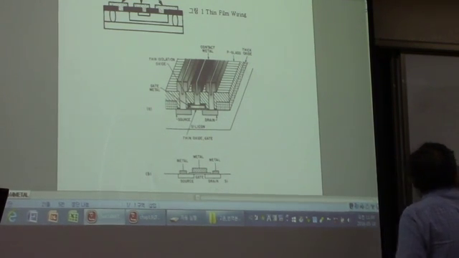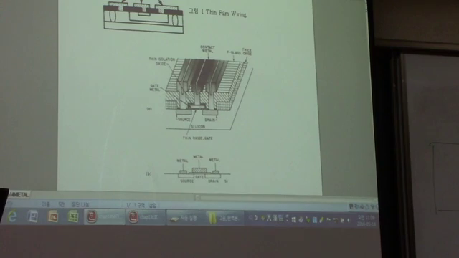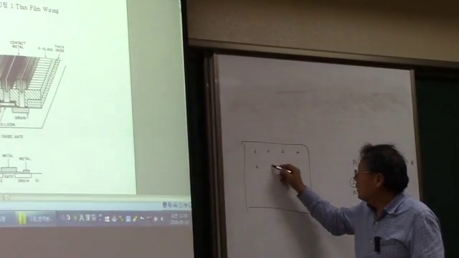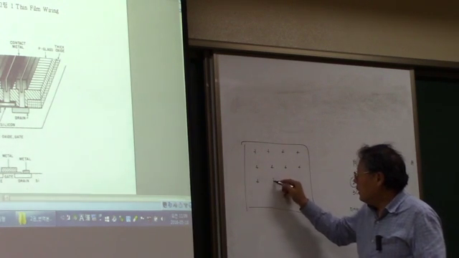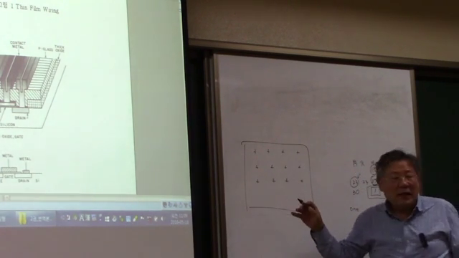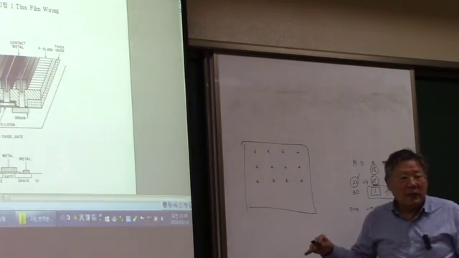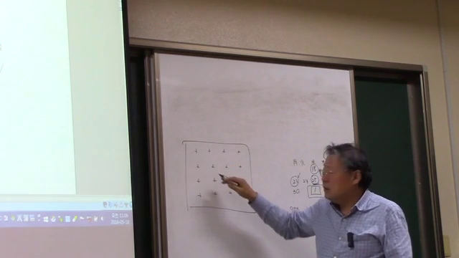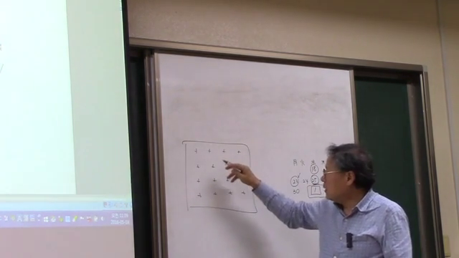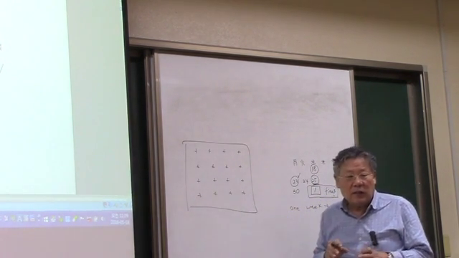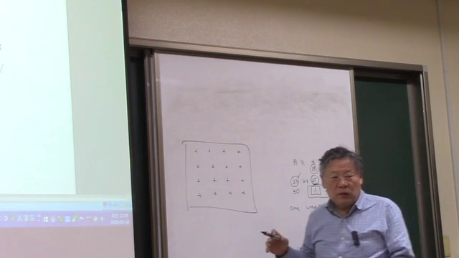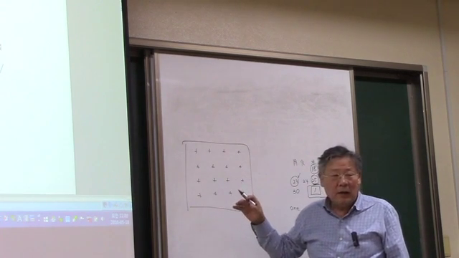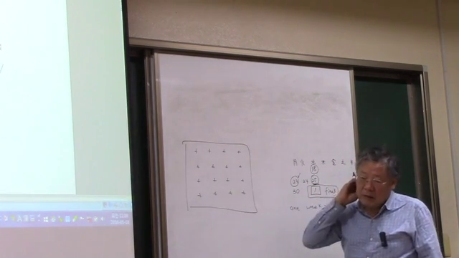When you have formed all the transistor structures, electrically isolated with the field oxide, this transistor is going to be connected to form a circuit according to the circuit design, and that will be done by this metallization.